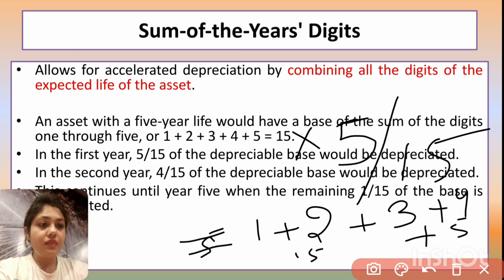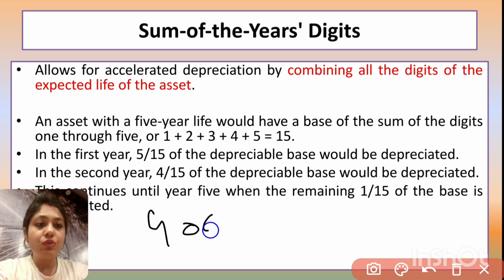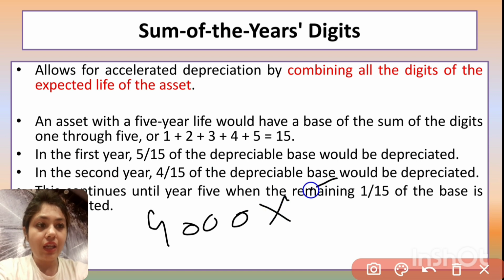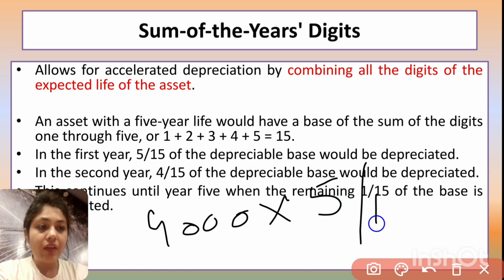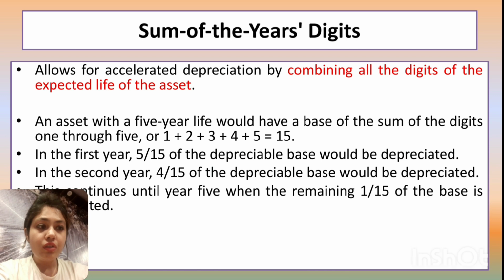Now let's understand this with the help of an example. Say we have an asset of 4000 rupees. In the first year I am going to charge my depreciation as 5 divided by 15. So this comes out to be approximately 1333, right? In the next year, what am I going to do?